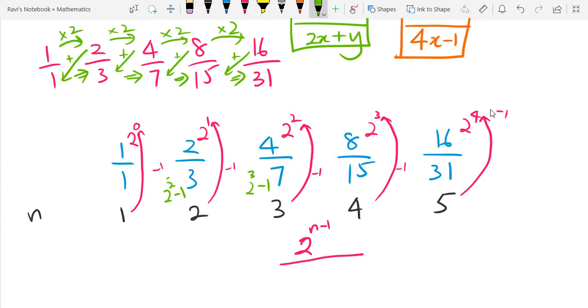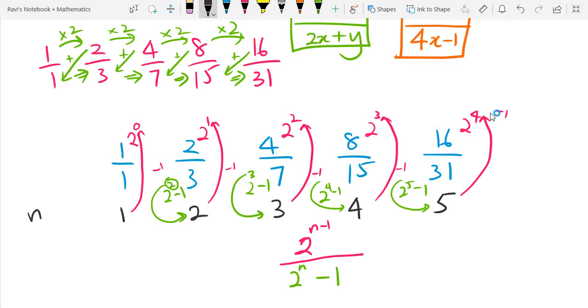So this power here is based on the n value. The denominator is derived from 2 to the power of n, minus 1. That gives me the relationship of the sequence based on the nth term in the sequence.